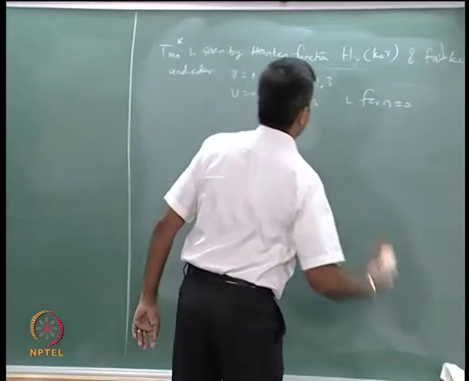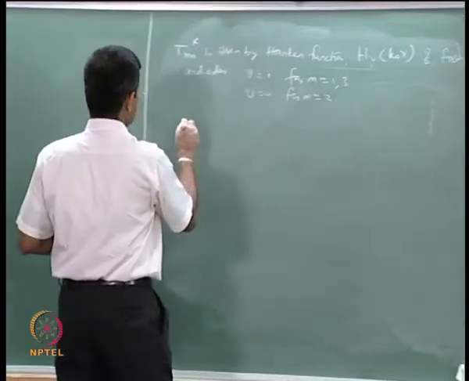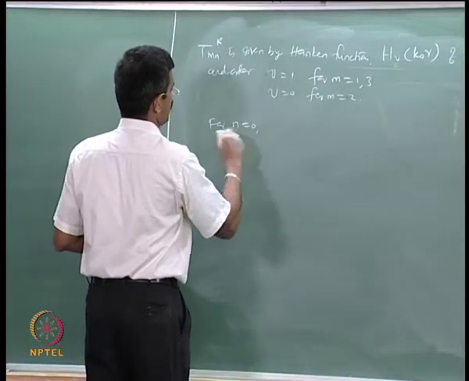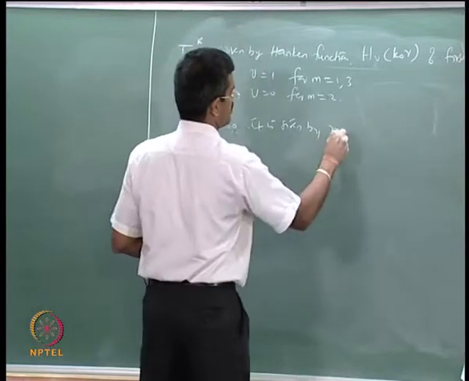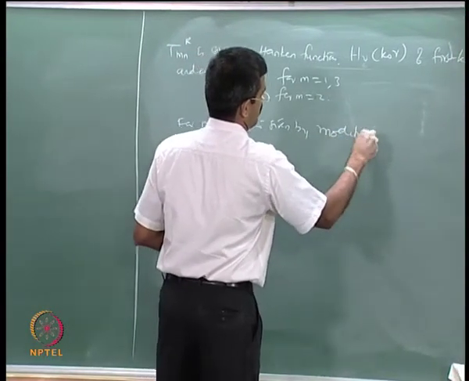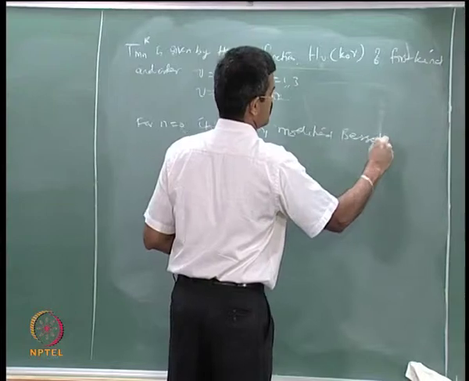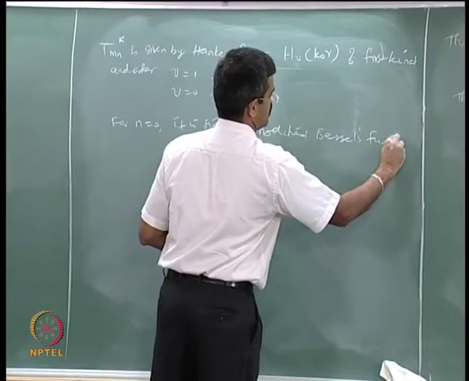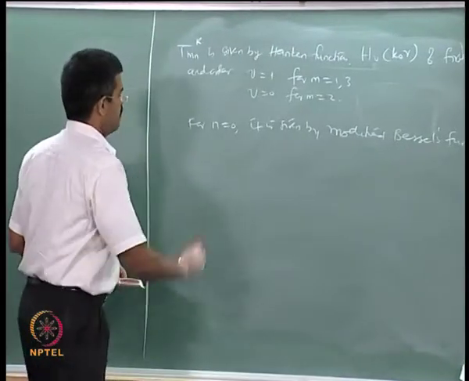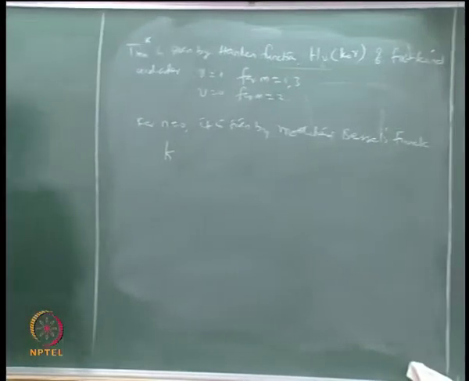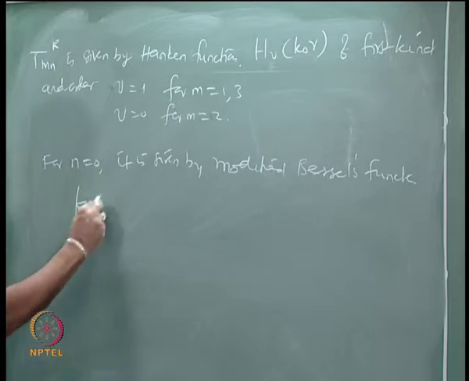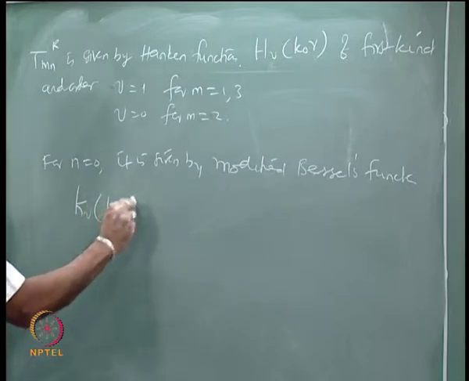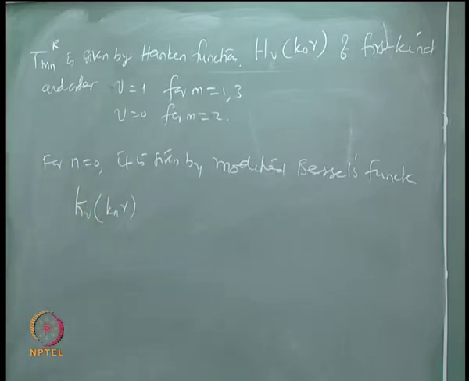Okay, let us write it here. For n equals 0, it is given by the modified Bessel's function, which is K v of Kn of R, that is the argument of the Bessel function.